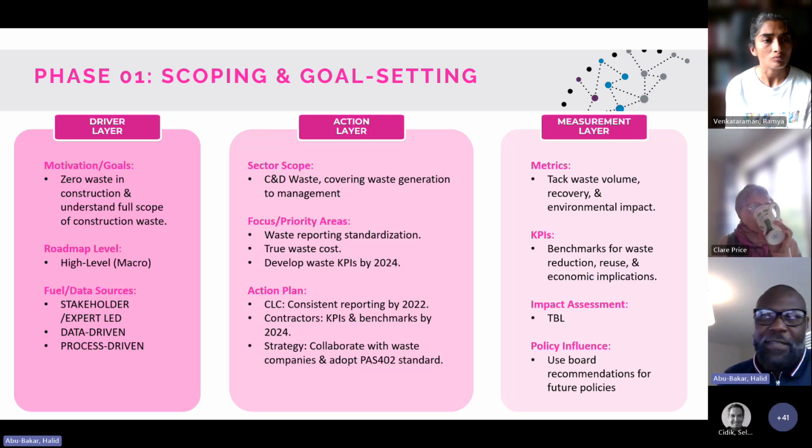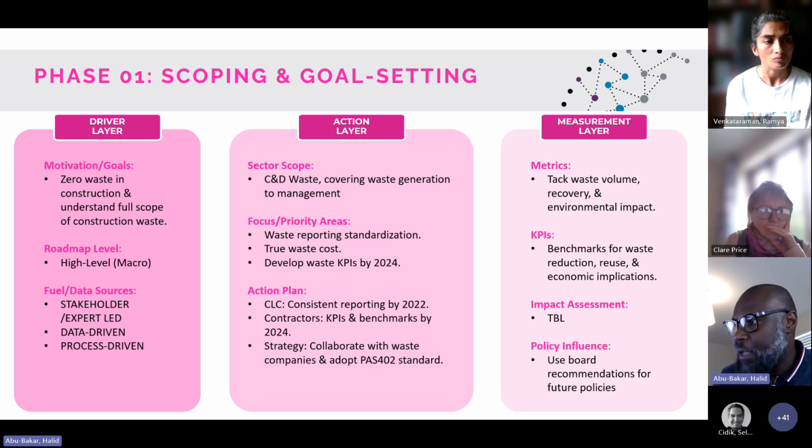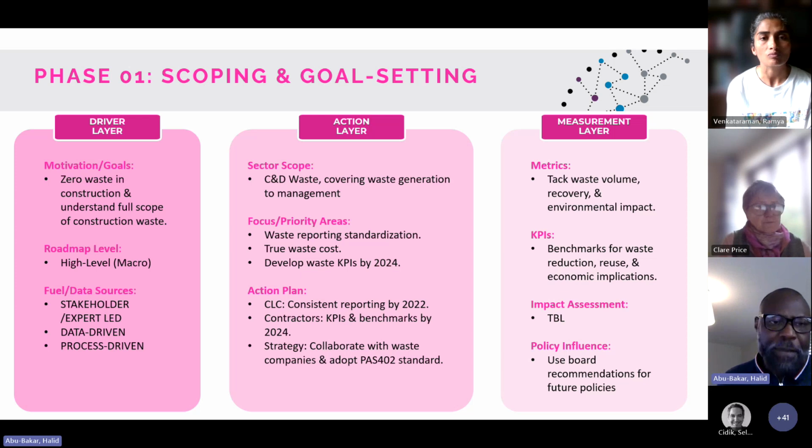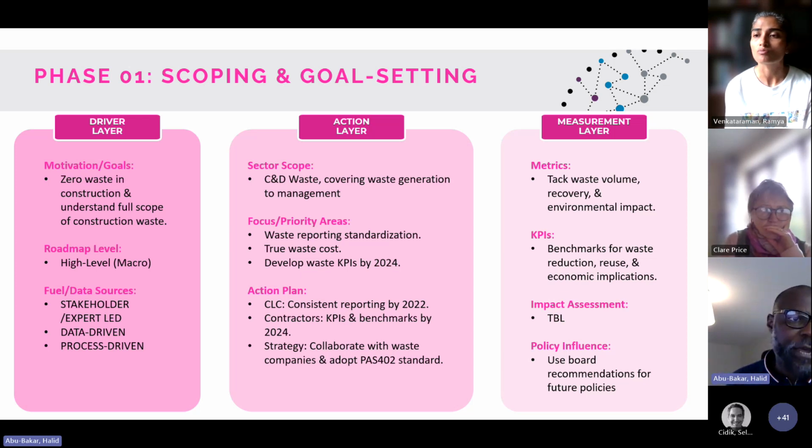So starting with that, I looked into how we place some of the different aspects of the roadmap within the first stage of the framework.